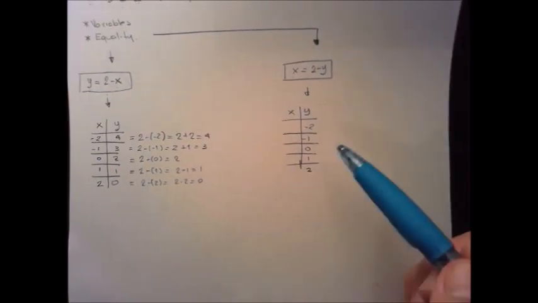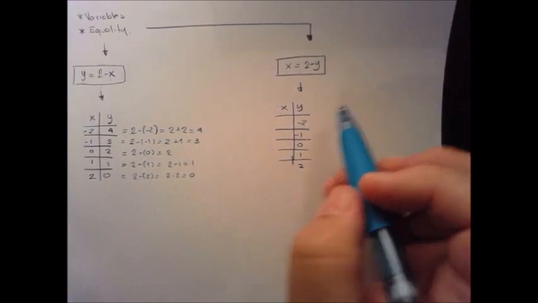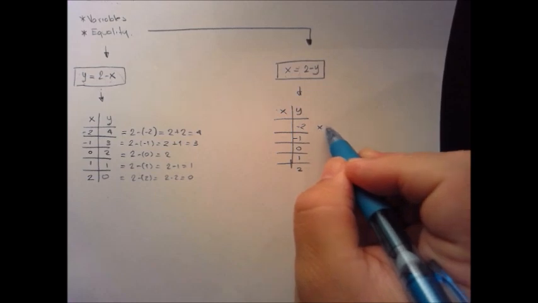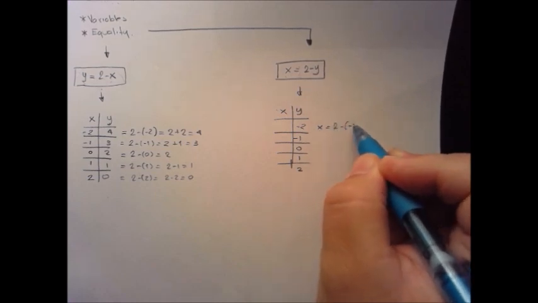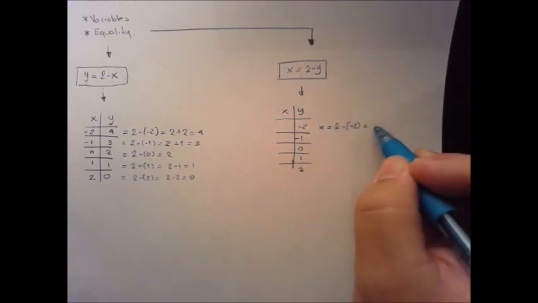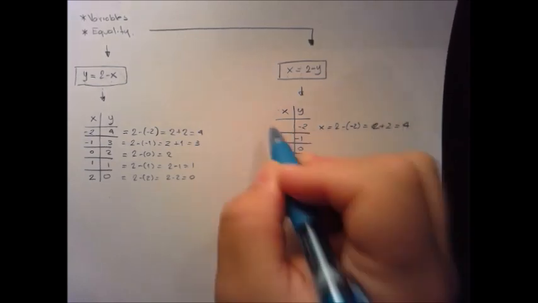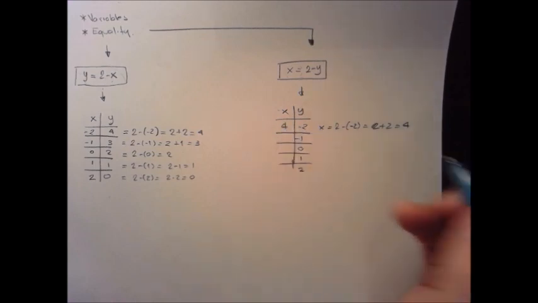All right, so in that case, it's going to be the same, but instead of y, we are going to get x. So x is going to be 2 minus -2. In that case, the value of x is going to be 2 plus 2, which is 4. Okay, we got 4 over here.